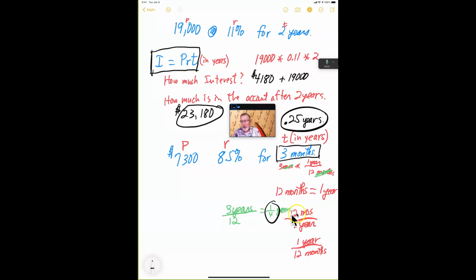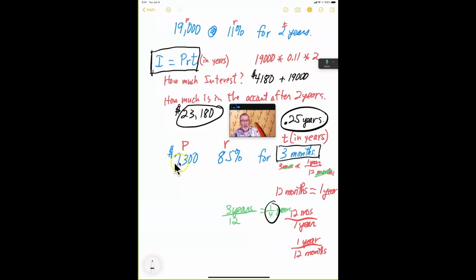It doesn't matter if you have 12 months over 1 year or 1 year over 12 months. The thing is, you want to be able to have the units in the denominator match the ones in the numerator, so those both go away. And then we're left with 3 divided by 12 years, and 3 divided by 12 is 1/4. And that's 1/4 year. So that's one way to make your conversions. And we'll be doing a little bit more on conversions soon, but this is sort of an introduction.